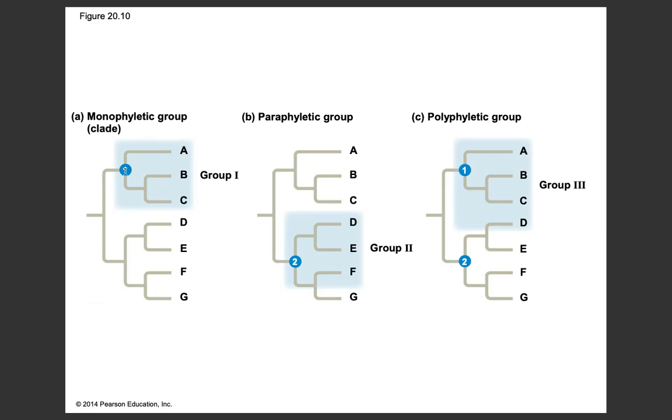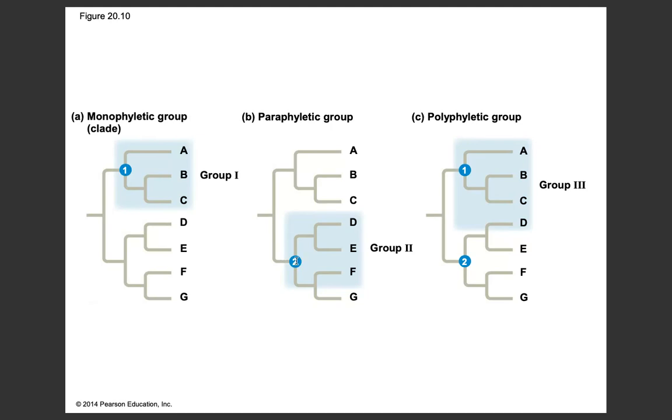So here we have a clade in the blue box, group 1. You have an ancestral species and all of the descendants. In a paraphyletic group, we're looking at group 2 here in the blue box. You have an ancestral species, but you're missing one of the descendants. Do you see how G should have been included because it is a descendant of this common ancestor?